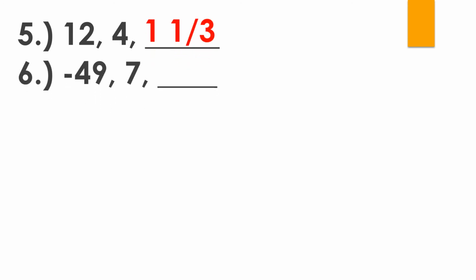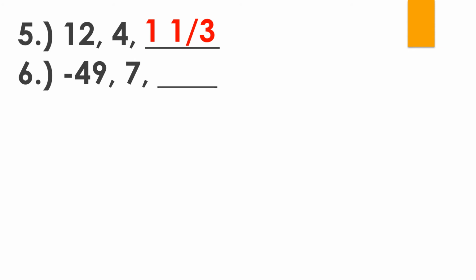Okay, next term is 12, 4. The ratio is 4 over 12, and that is 1/3. So the next term will be 4 over 3, or 1 and 1/3. Next, we have the ratio, which is 7 over negative 49, and that is negative 1 over 7.